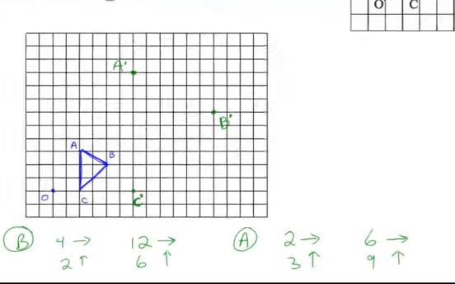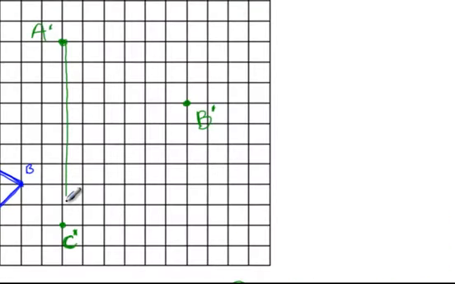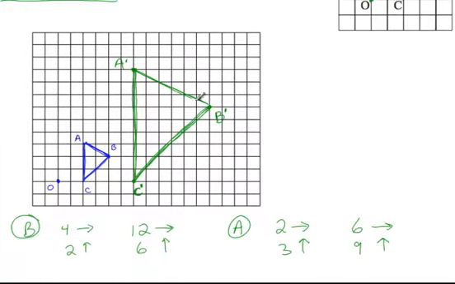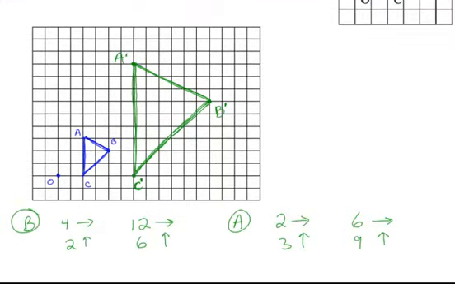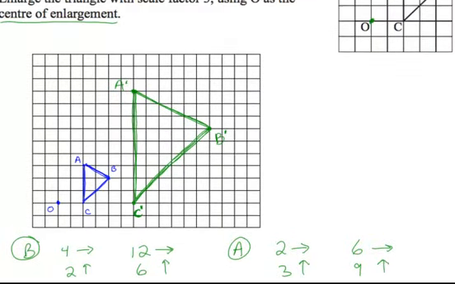And then we can join these together to have our new triangle, our enlarged triangle, using a scale factor of 3. So that means that each line is 3 times bigger. Okay, so what exactly is center of enlargement, and how can we look at this?